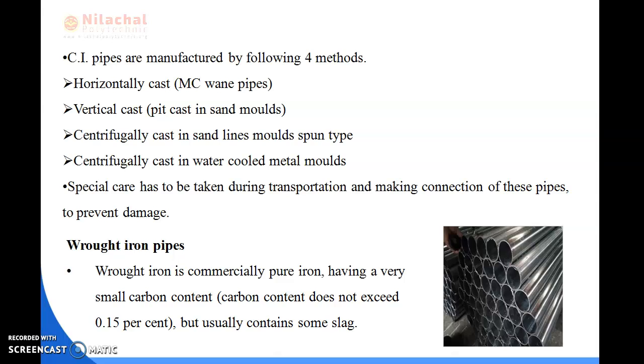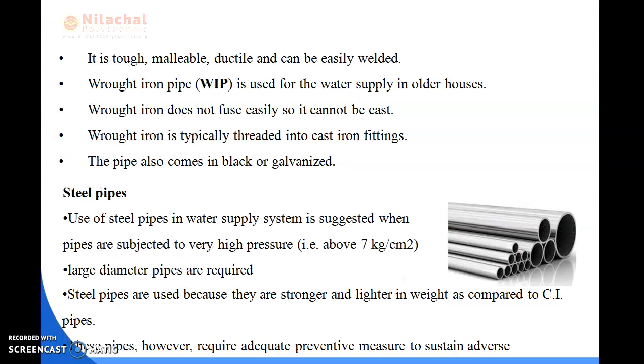It is tough, malleable and ductile, and it can be easily molded. Wrought iron pipe is used for water supply in older houses. Wrought iron does not fuse easily, so it cannot be cast. It is typically threaded into cast iron fittings, and the pipe also comes in black or galvanized.